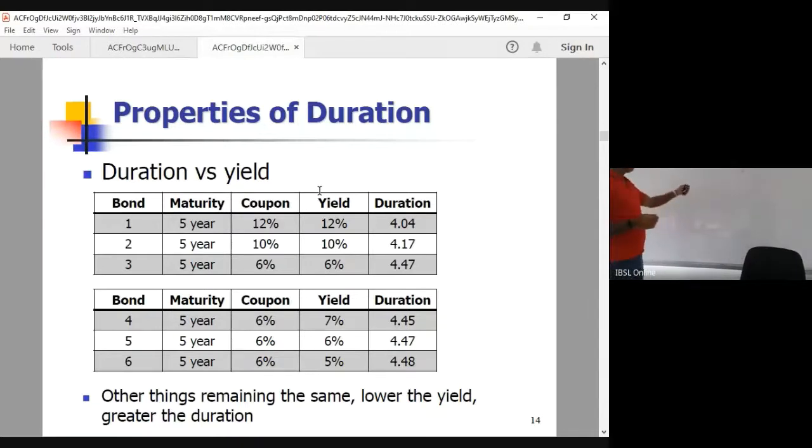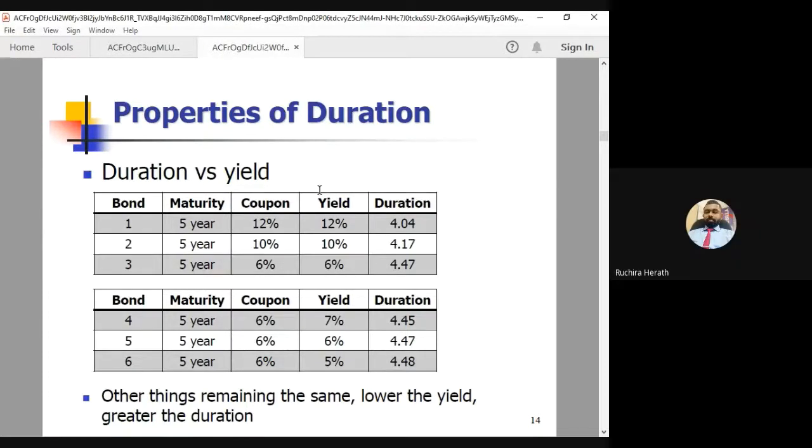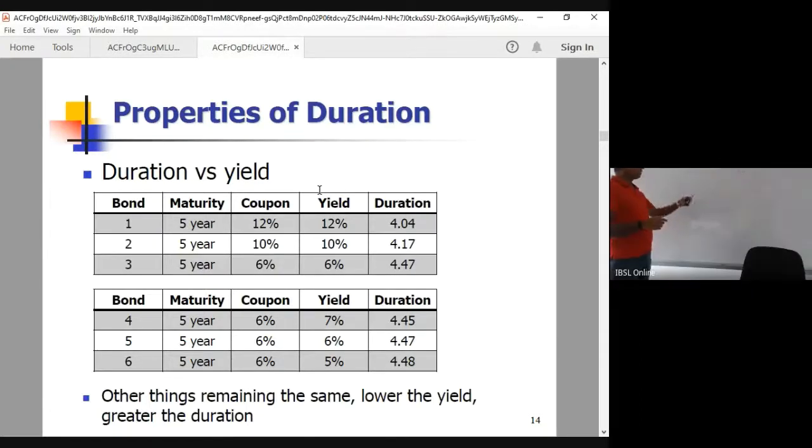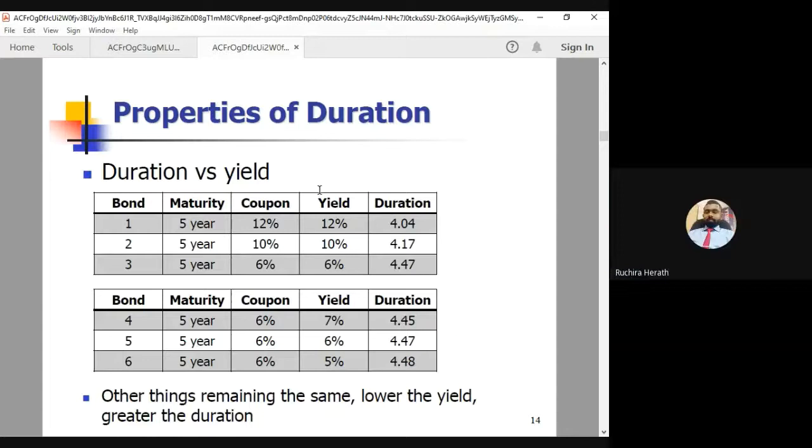Are you getting paid more every year or less on the coupon? You're getting less. 12 becomes 10, right?